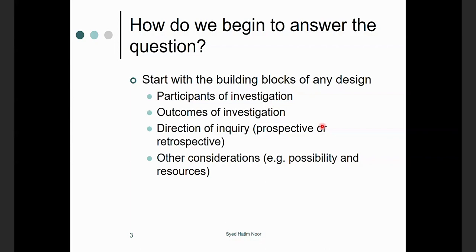For example, first one, you need to know about your participants. Who is your participant? Are they children? Are you going to take the data from the children, or from the community? Is it from humans, or some people do study on animals? Is it at the lab?